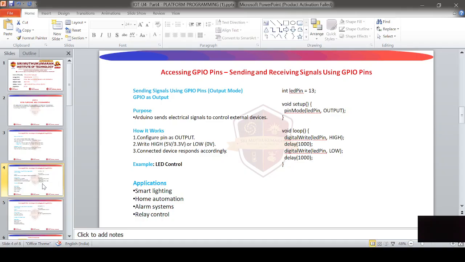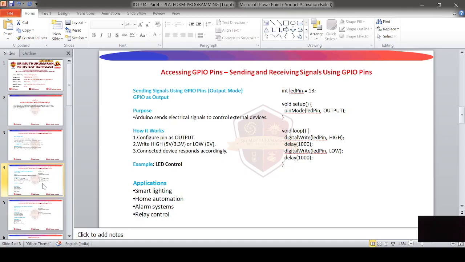We cannot give an arbitrary voltage, just HIGH or LOW. LOW means zero voltage, no voltage. The connected device responds accordingly. If supply is given, the motor will run, the buzzer will make a sound, or the LED will glow. If LOW, meaning 0 volt, nothing will happen. So based on the signals, the connected device responds accordingly.